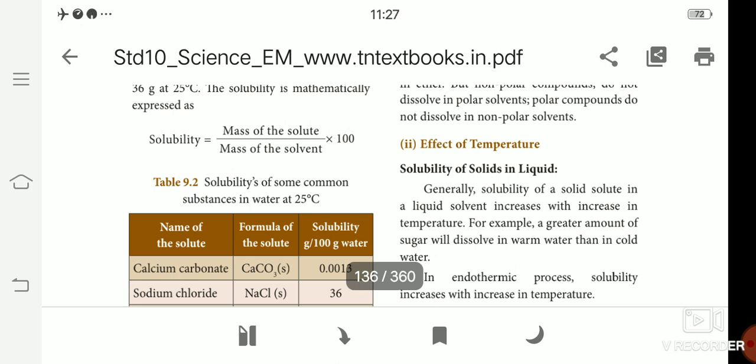So how do we dissolve a large amount of gas?